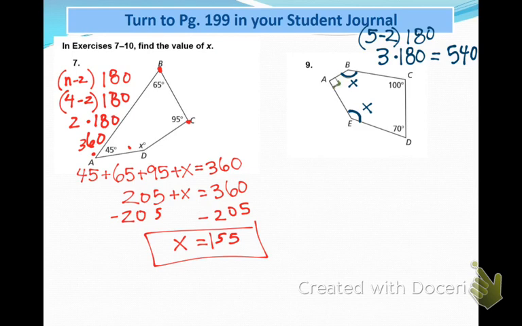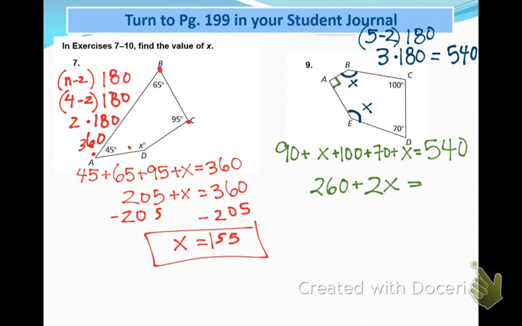So I'm just going to start with letter A. What does that box mean? 90. And then I'm just going to go around clockwise. So X, and then 100, and then 70, and then X, and they equal 540. 90, 100, and 70 make 260. X and X make 2X, and they equal 540.